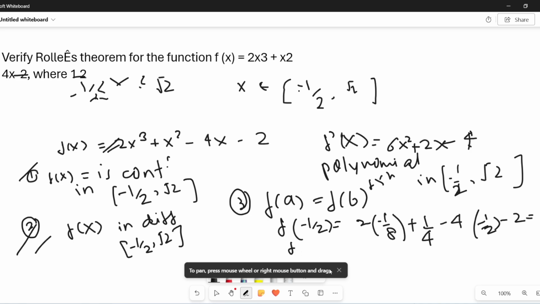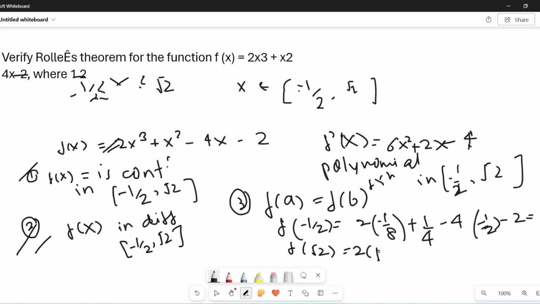Now check f(root 2): we put the value 2 into root 2 power 3 plus root 2 squared minus 4 root 2 minus 2. This will also give 0. So the value of f(minus 1 by 2) equals f(root 2), which gives 0.